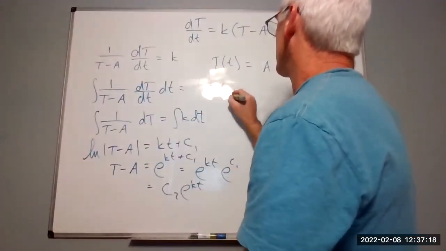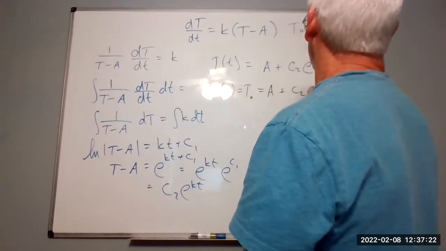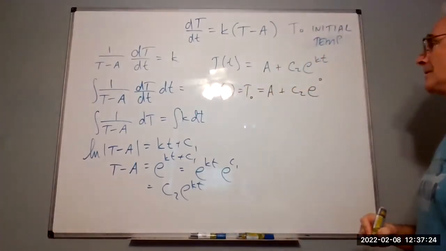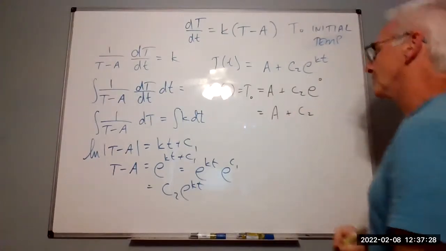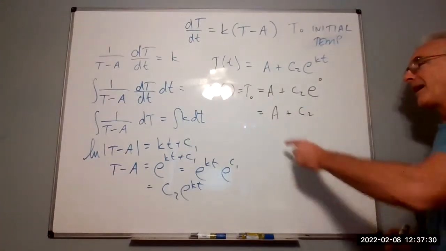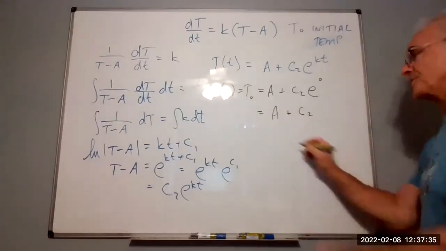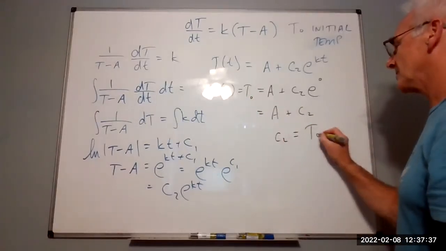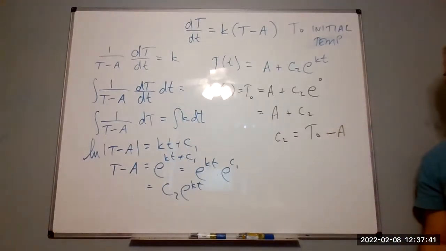So T of 0, which we'll call T0, equals A plus C2 e to the 0. Oh, but that's 1. So that equals A plus C2. I know that temperature. Therefore, C2 must equal T0 minus A. That's no longer an unknown.